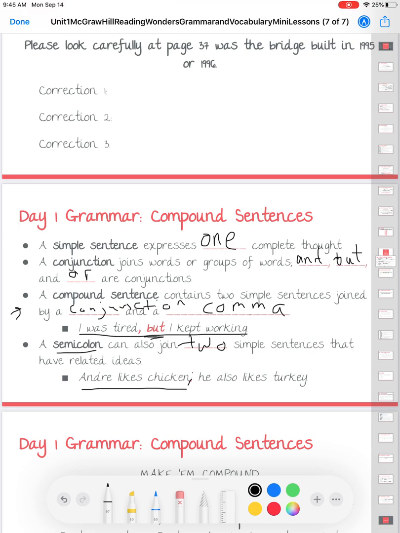But when you use the semicolon, you do not need the conjunction. You don't need to say and, but, or. You just add the next simple sentence next to it. Andre likes chicken; he also likes turkey. Or you could do Andre likes chicken, comma, and he also likes turkey. So you have an option of how you want to join the two together.